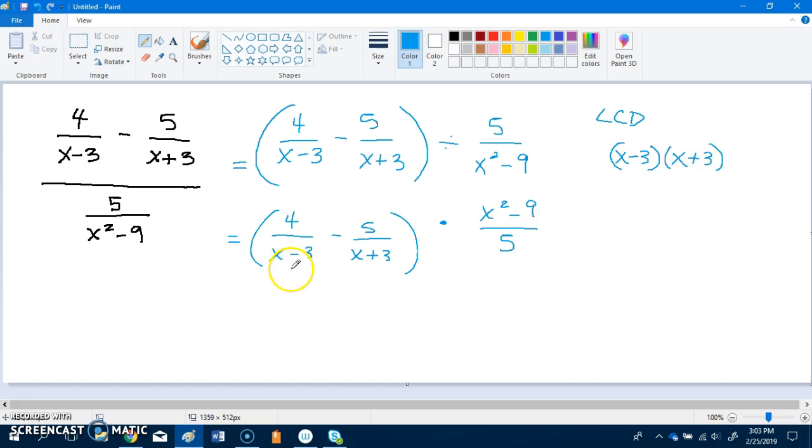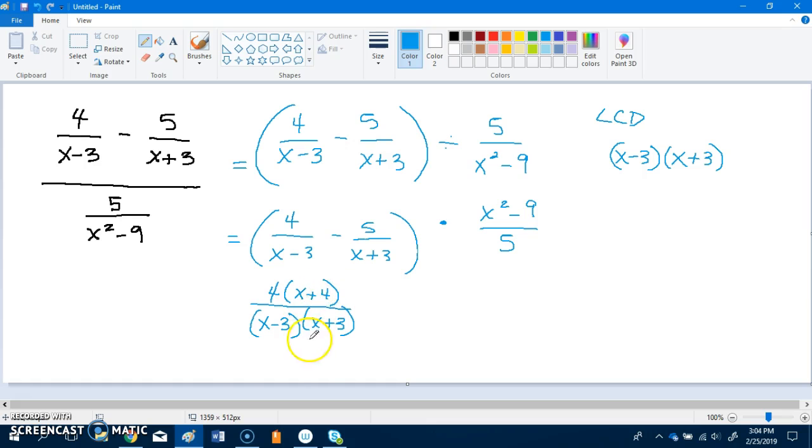So we have to get an equivalent rational expression of 4 over x minus 3 when the denominator is now x minus 3 and x plus 3. I keep my 4 on top, and because x plus 3 was added to the denominator, I also need to add it to the top.